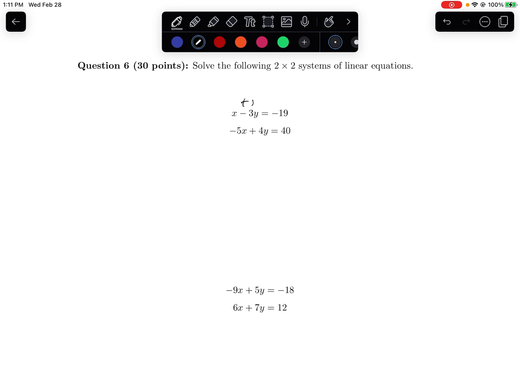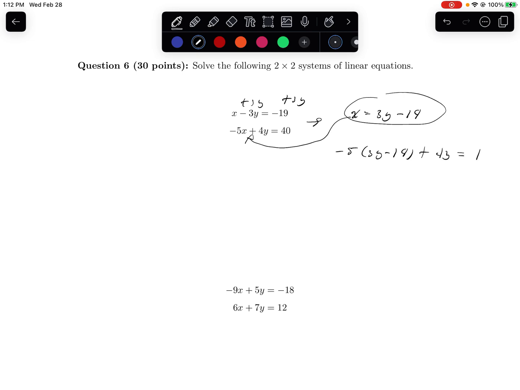So we can add 3y to both sides, and this is going to become x is equal to 3y minus 19. And what we can do is we can take this x here and substitute it in right here. So that's going to give us negative 5 times 3y minus 19 plus 4y is equal to 40.